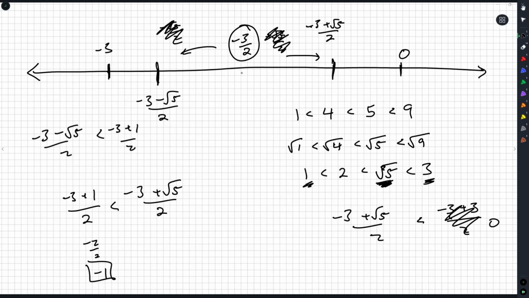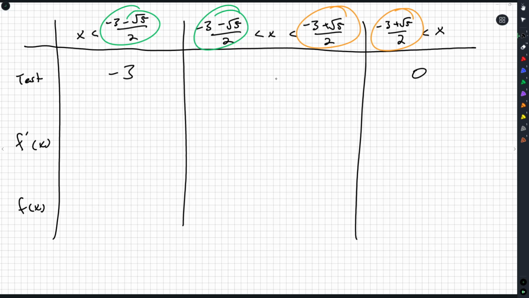So we can see -1 is going to be somewhere in the middle. I suspect -2 is as well, but we don't really need it. So -1 makes for a good value in the middle. Again, if you weren't saying I must have integers, you could have done -3/2 without a second thought, because it's the halfway point between these two.